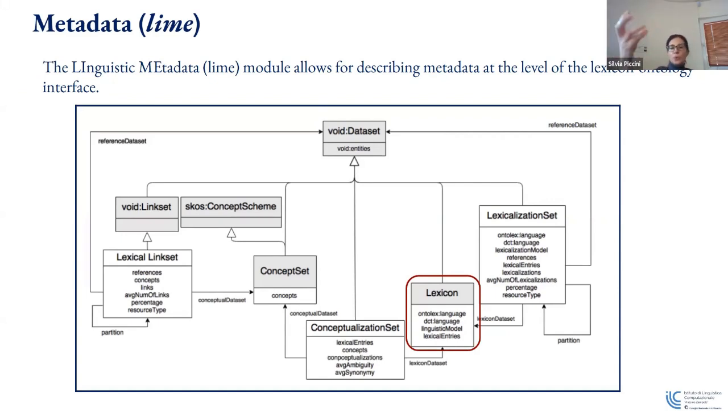So for example, if we want to work with English and Greek, we have two lexicons, one for Greek and one for English. And the lexical entries are linked by means of the relation entry to a specific lexicon, okay?